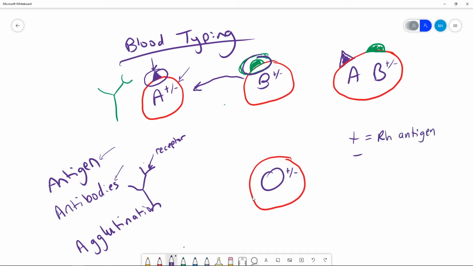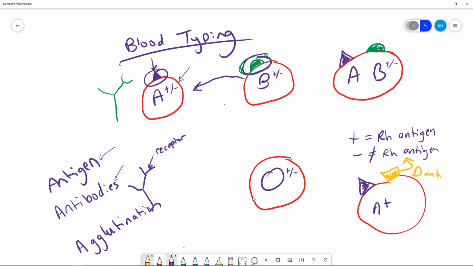A negative means that they do not have the RH antigen. So we can imagine if we have blood type A positive, that they would have A antigens on the surface of their cells, as well as what we would call the D antigen, which is signified by the RH antigen.